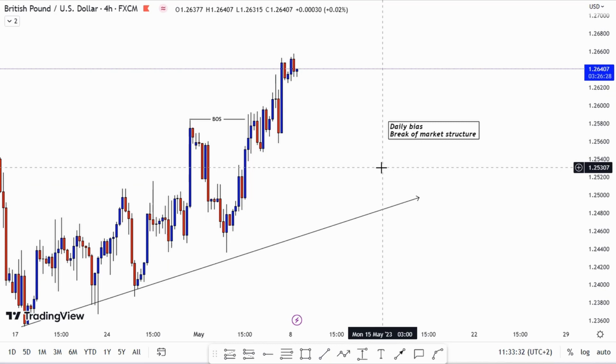If you have a bearish order block, it will be a supply zone. But if it's a bullish order block, it will be a demand zone.